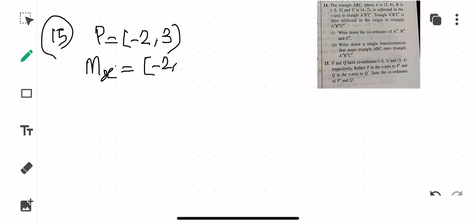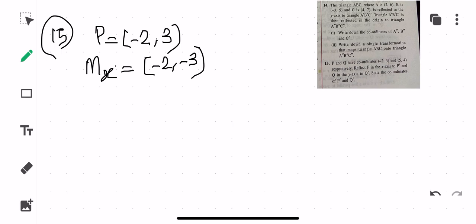Okay, so this looks like an easy one, children. So what you have to do here, P dash. What is the coordinate of P, children? The coordinate of P has been given as minus 2 comma 3. So what will be the coordinate of this particular point when it is getting reflected in x-axis? The x coordinate remains same and the y coordinate changes sign.